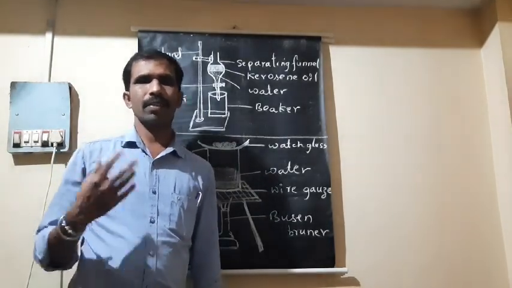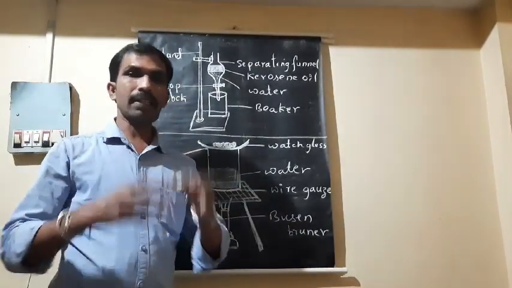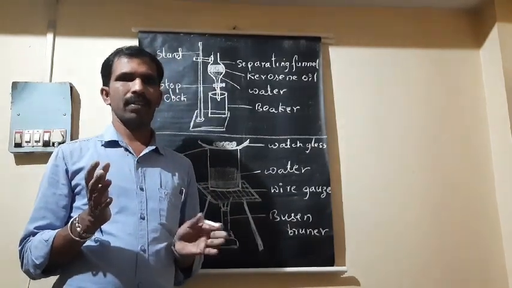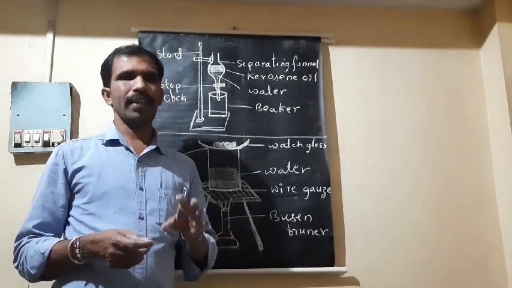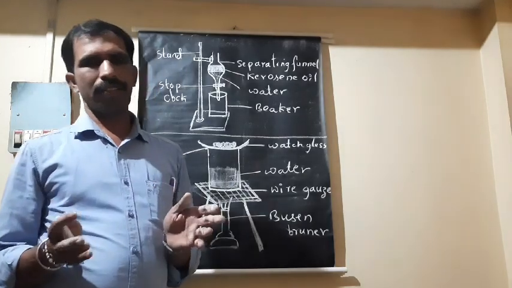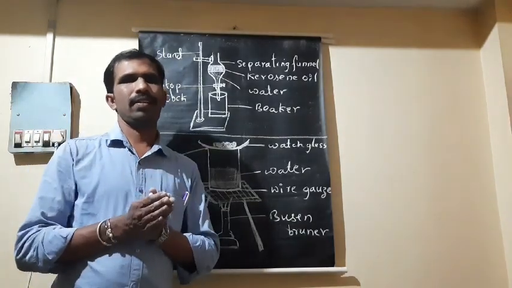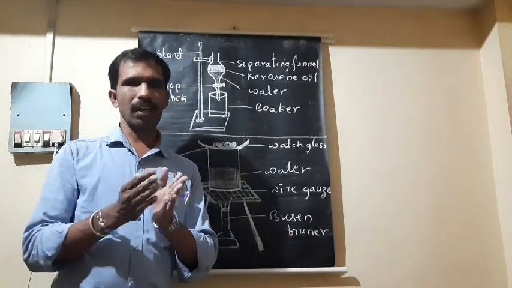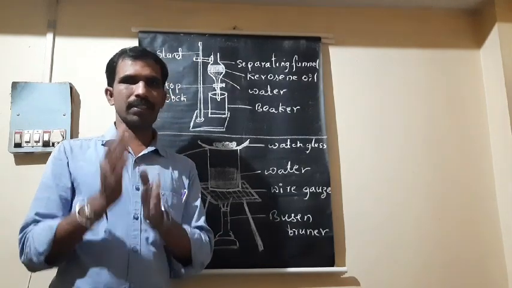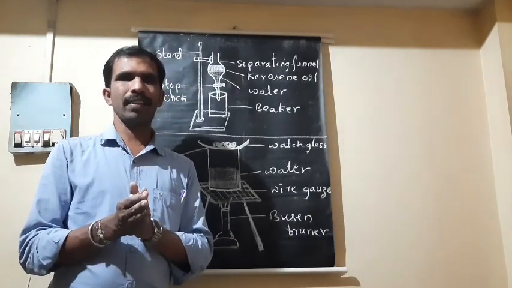Miscible liquids are liquids which get mixed together equally. If you take petrol and kerosene, they mix up equally. If you take alcohol and water, they mix very easily.